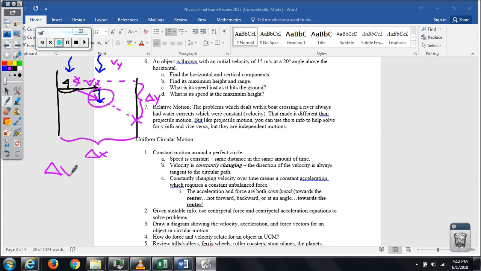So the two equations, constant velocity: delta x equals Vx t, delta y equals Vy t. If I know the width of the river and I know how fast it's going, I know how much time it's going to take me to cross. If I know how much time it takes me to cross and I know the current, I can figure out the distance downstream I'm going to drift.